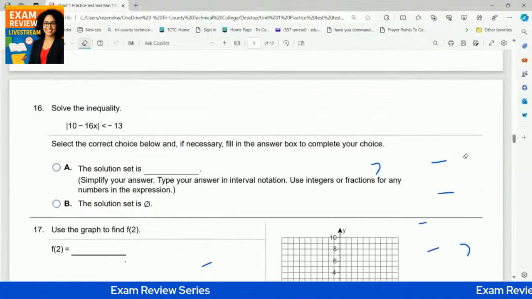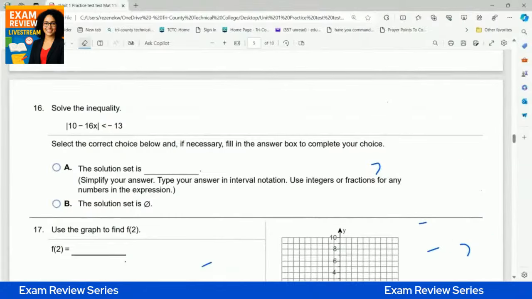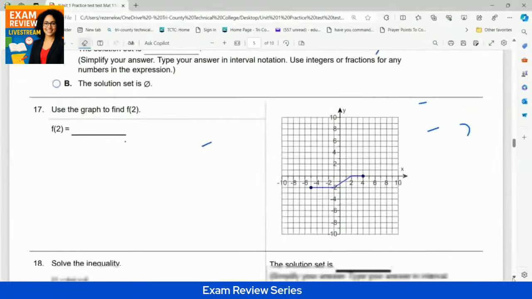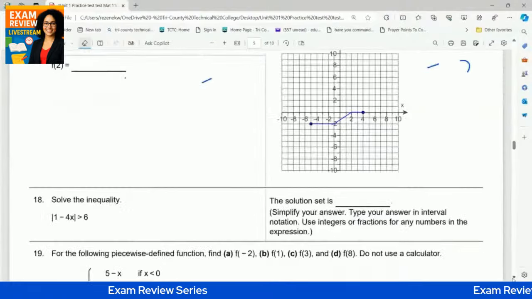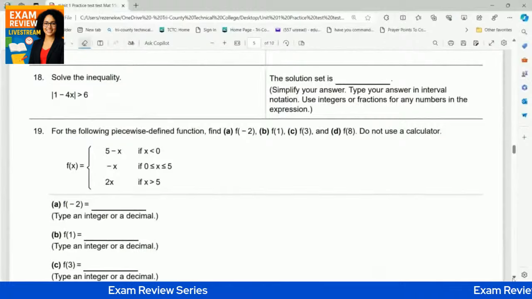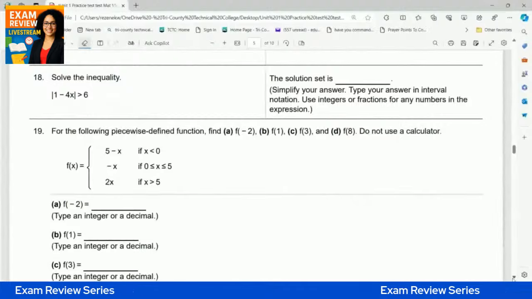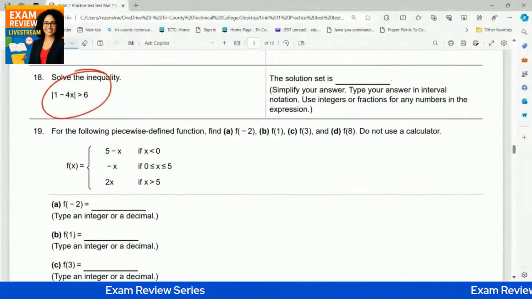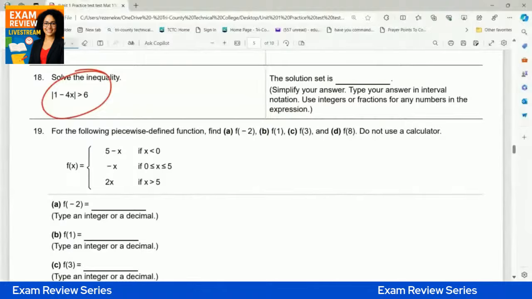Now let's find another one. There are so many examples in the, okay, look at number 18. When the absolute value has greater than as inequality, then you will have two equations.